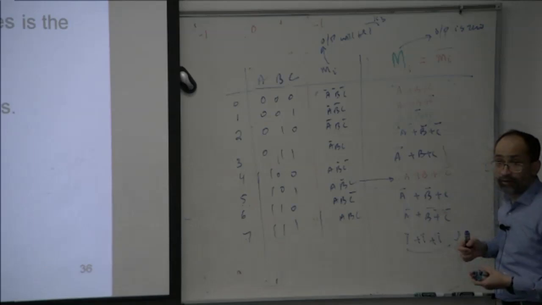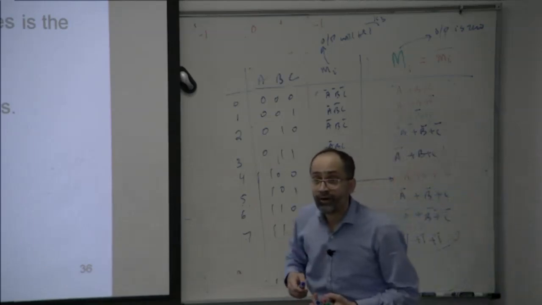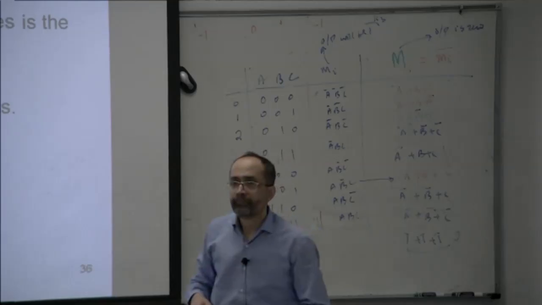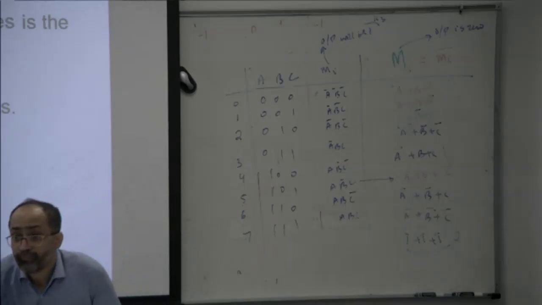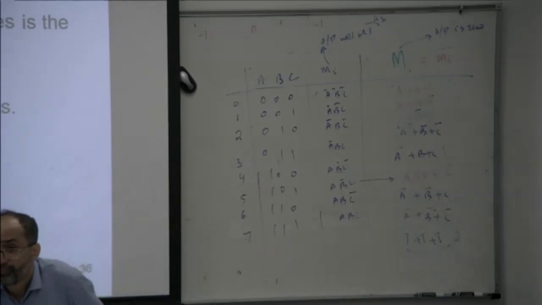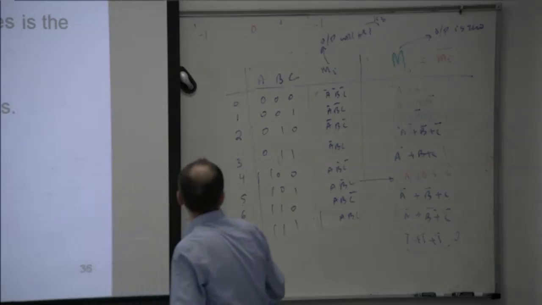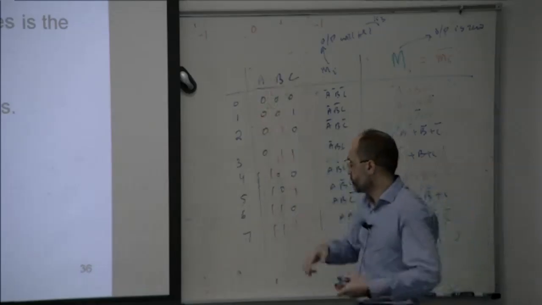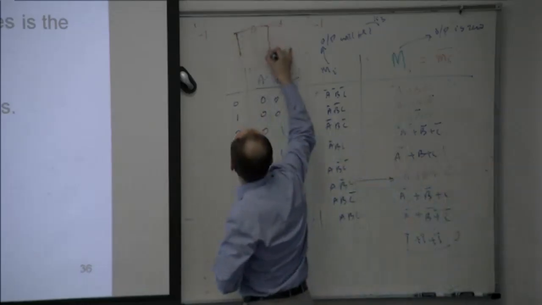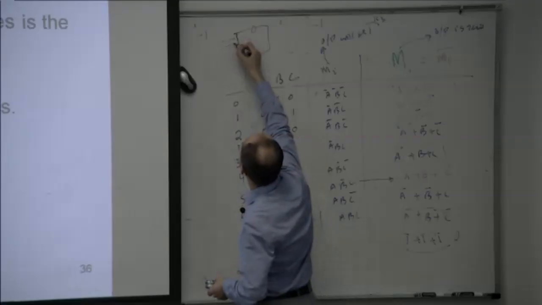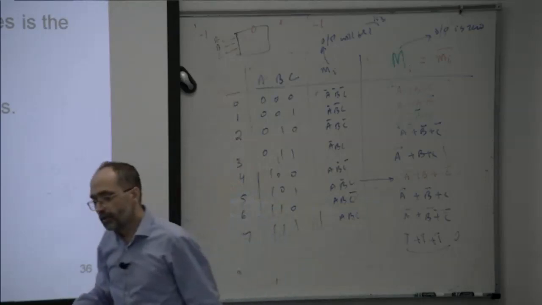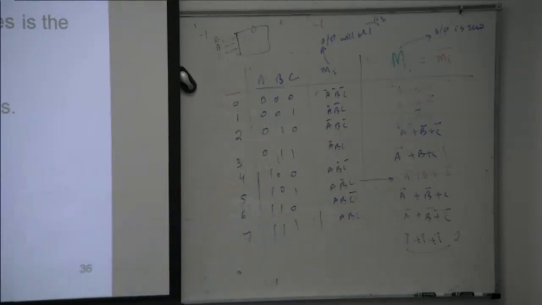You are asking a question: is this a min term, is this a max term? If it has all the variables, yes, but the output is not 0, it's 1. So actually, for each min term, if you have any function, let's assume this function is A, B, and C. It has 3 inputs, so how many combinations? 8 combinations.